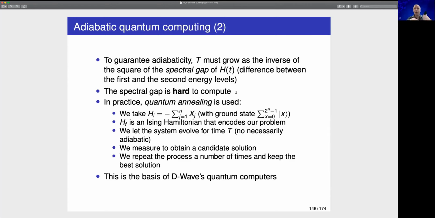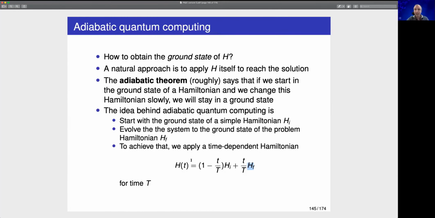Okay, so the energies of the Hamiltonian, depending on t, if sometimes are very close, this is going to give me a very small gap. And if I go very fast with evolution at that moment, I can risk jumping from a ground state to an excited state.